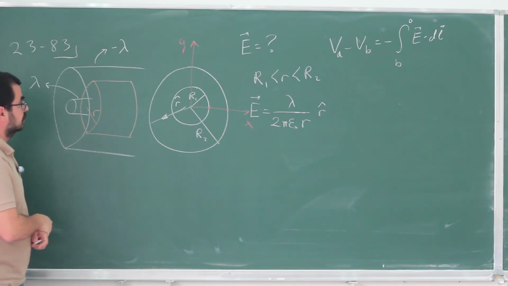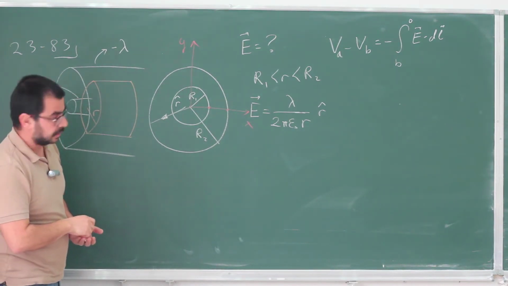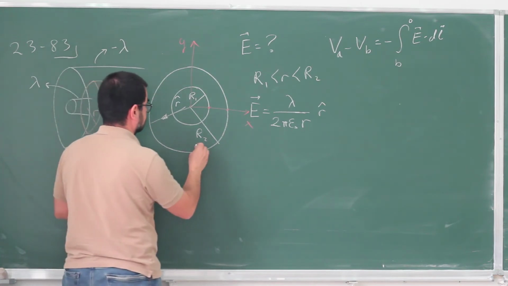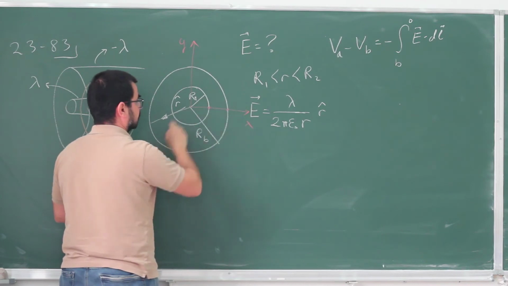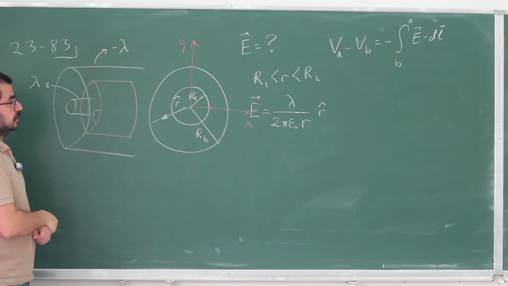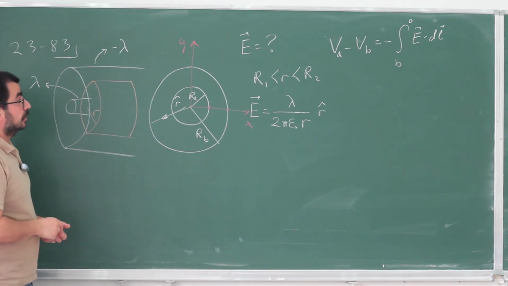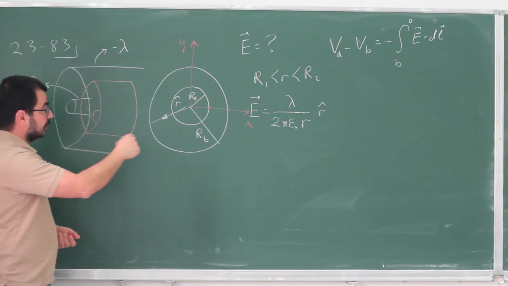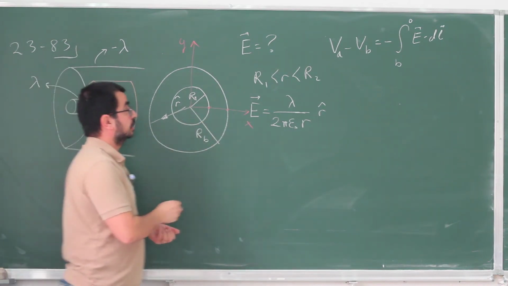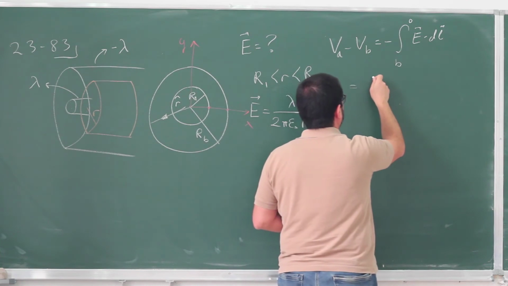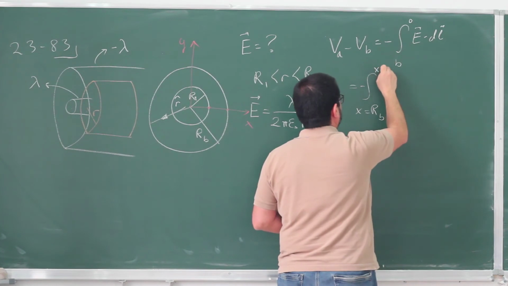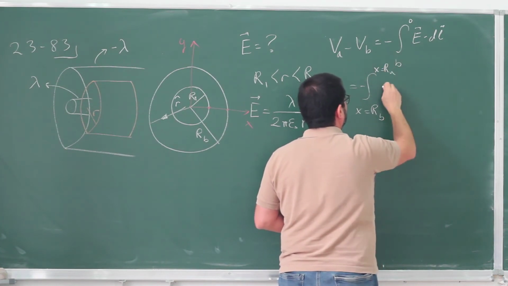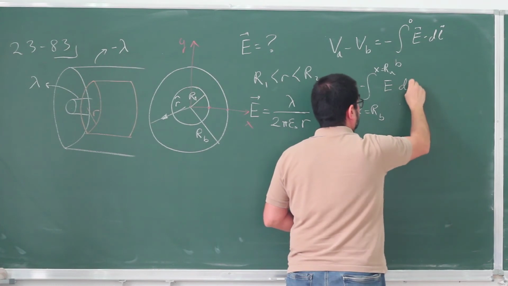Okay? So this is my, actually they call this RB and RA. I should not change notation this way, so this is RB, and this is RA. So I'm going to start from this point and end up at this point. All right, so because it's on the x-axis, this actually simplifies. My electric field and my path are parallel to each other, so I can just write this down as the minus sign integral from x equals RB to x equals RA, E dx.